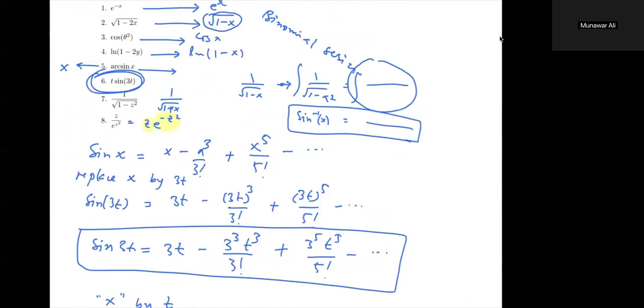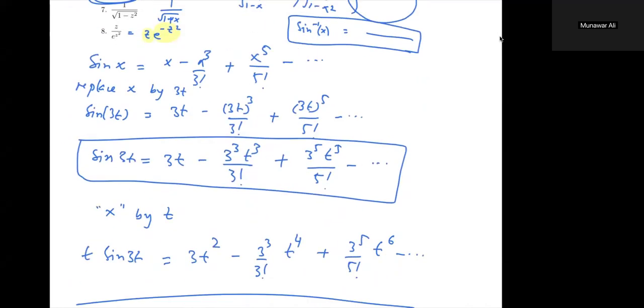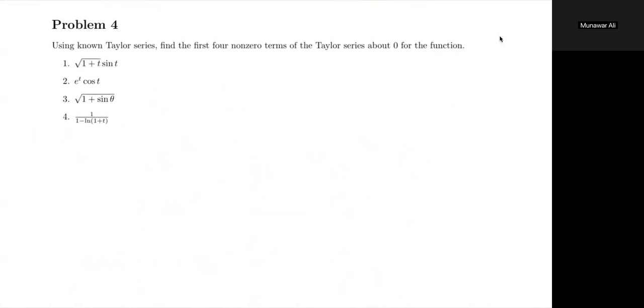So once you practice all these problems, it would be enough for you to do your exam and understand all the problems in your exam. And this fourth one is simple too. You start with some known series, for example, for the second problem, we know what cosine t is equal to.